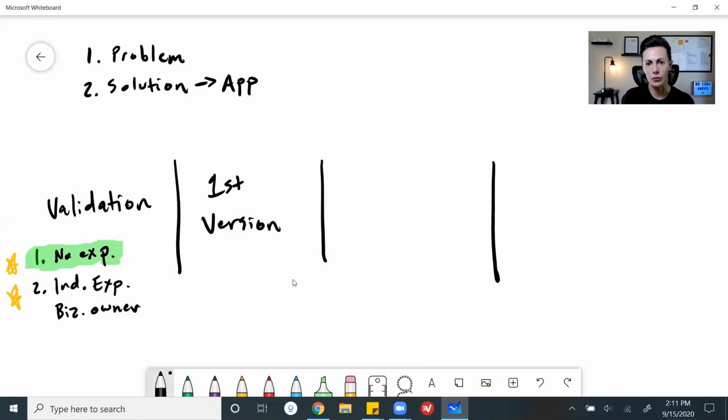Okay, if that's you, and you already have that validation, right? You already have people who could be your potential first users. You have those contacts, those colleagues, those types of people. Well, then what you're likely going to want to do is, when you move into your first version, you need to actually build the first version of the product that you then want to scale.